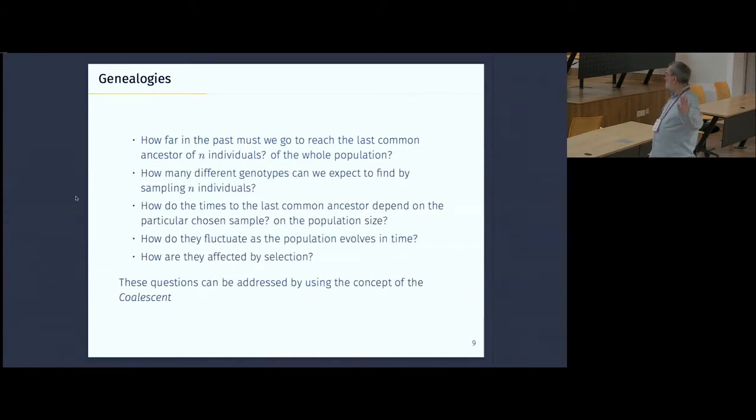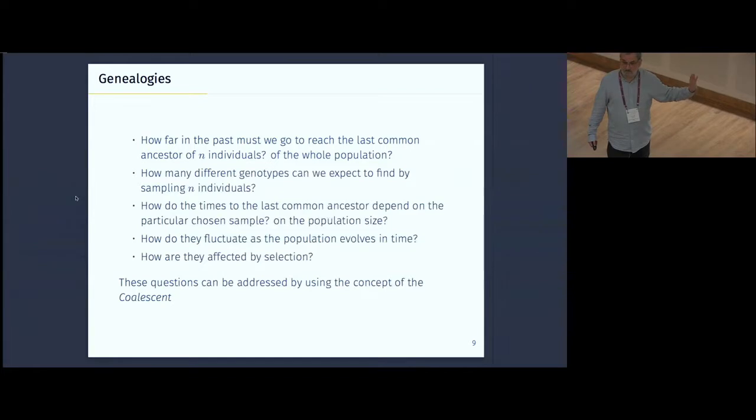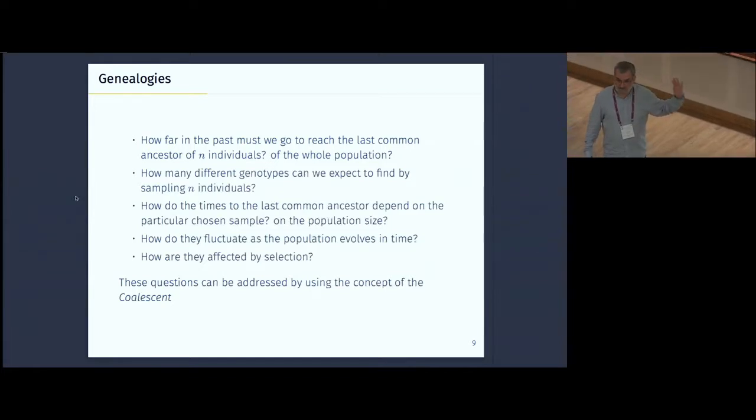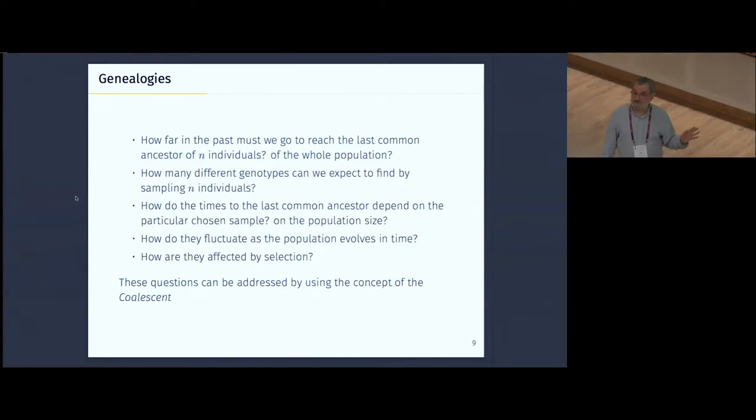I'm staying in the asexual case, and actually I'm only telling you about the neutral case without selection, and I will introduce mutations later. For the time being, we are only trying to make a mathematical theory of genealogies as a random process.